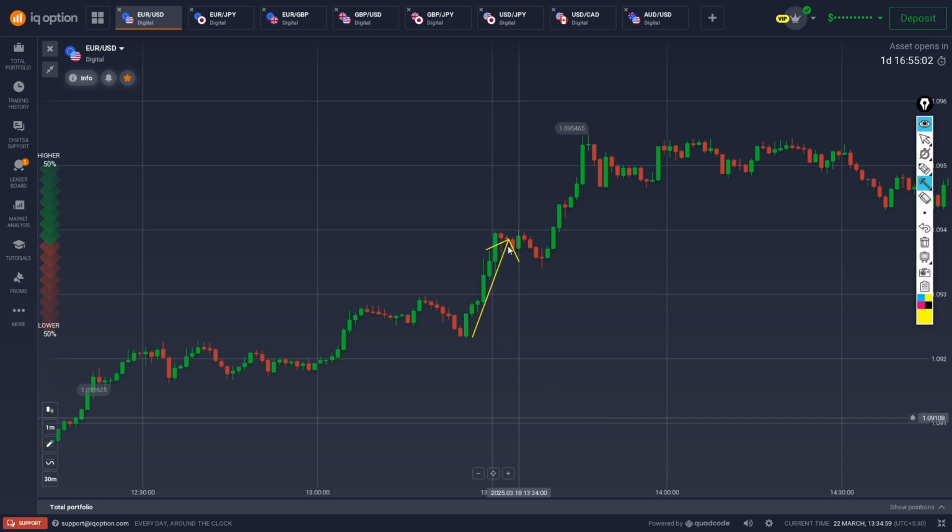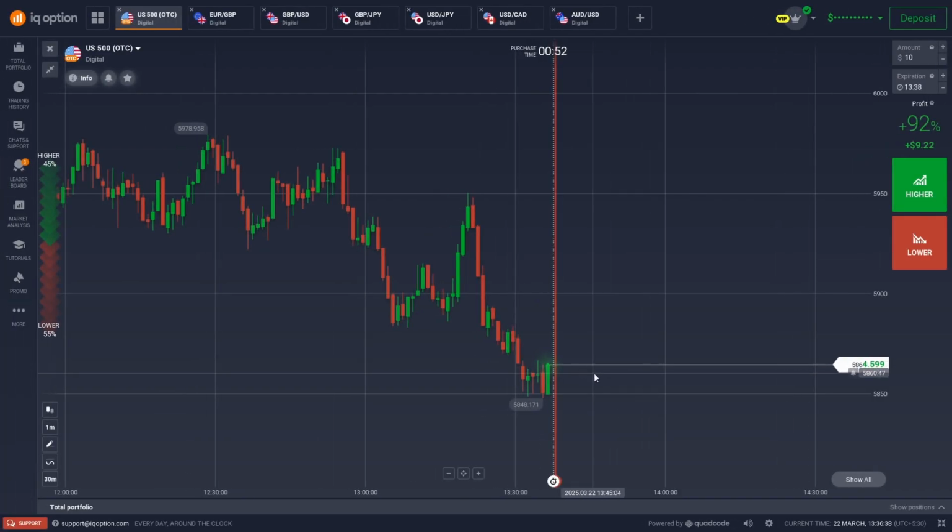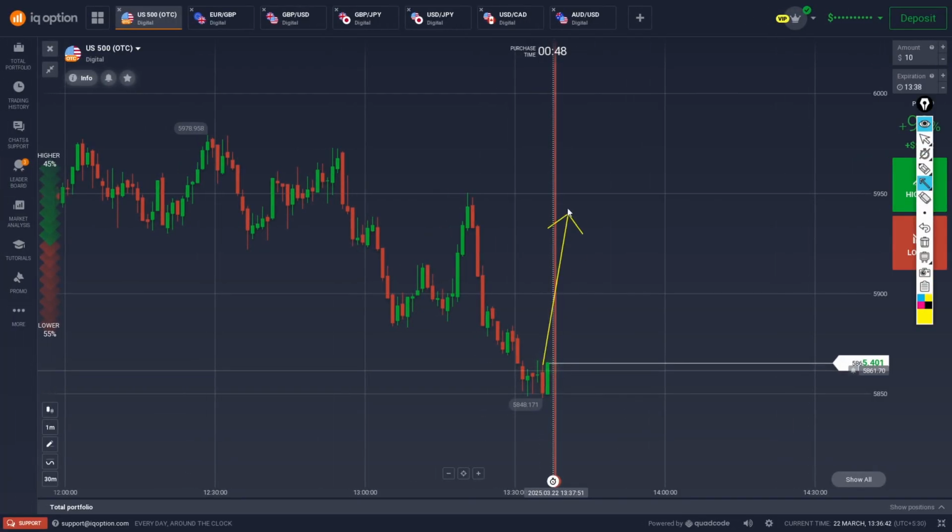In any market, the basic thing that moves the price is that the price is moving to fill the unfilled orders. It is going for the liquidity. Let me open an OTC chart first. I'm just using this OTC chart to explain the concept of how the price moves upward and downward.